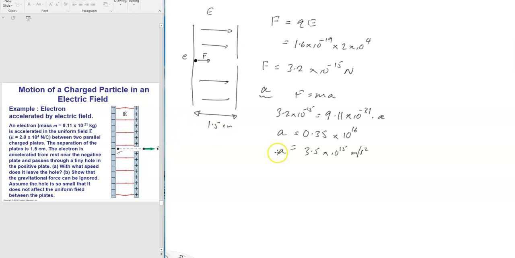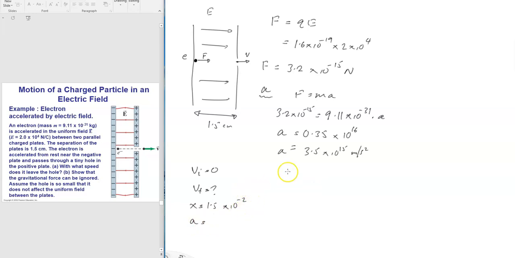Okay, so we have the acceleration. How do we find the speed when it comes out at this point? What's the velocity? Go back to the kinematic equations. V initial is 0, V final is what we are looking for. The distance it travels is 1.5 centimeters, and the acceleration we just calculated.